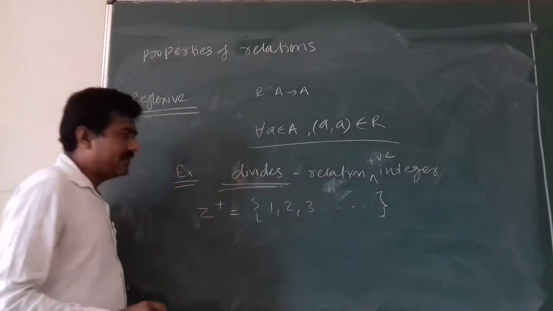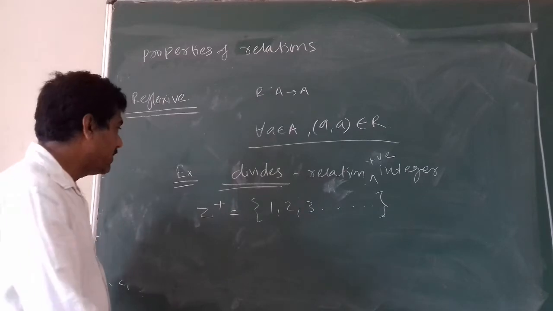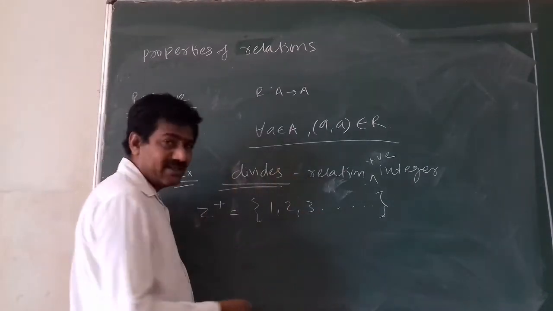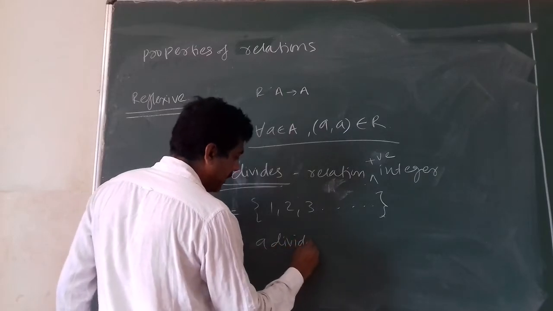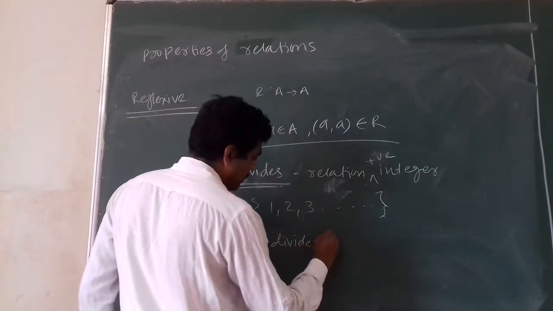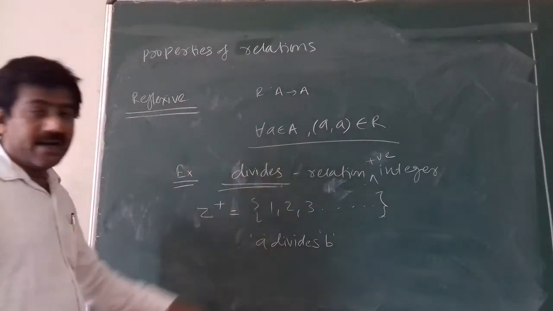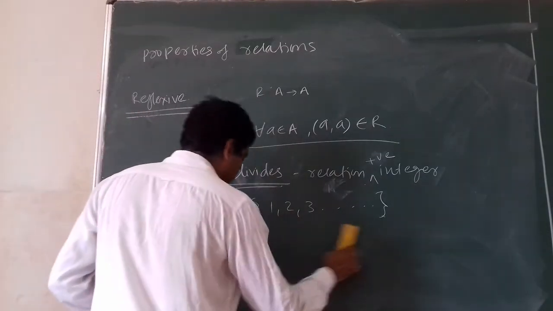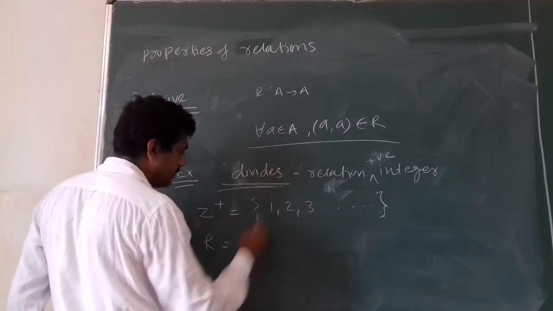If divides is the relation on Z plus, that is the set of positive integers, right? So divides means the first number divides the second number, that is, a divides b. Okay.